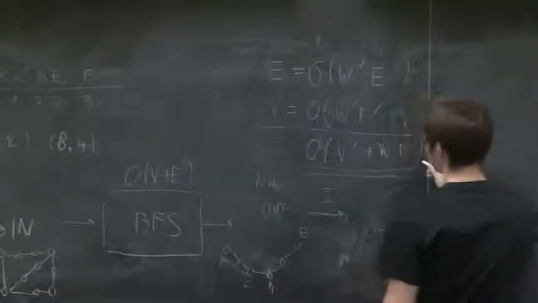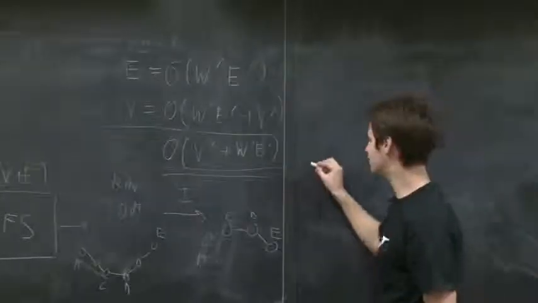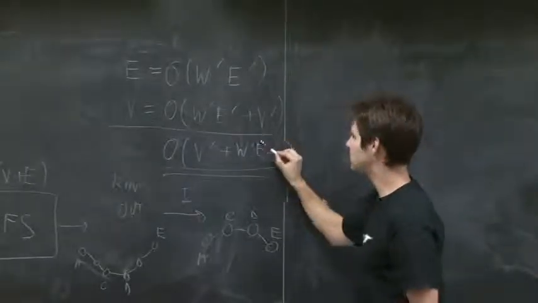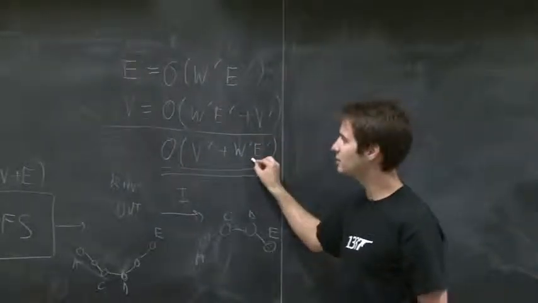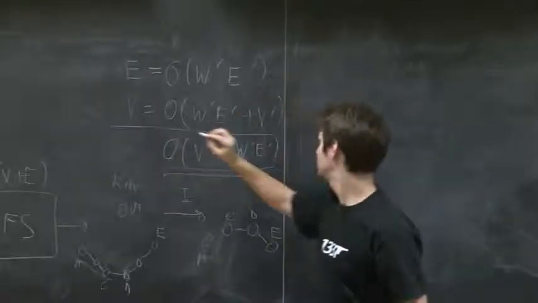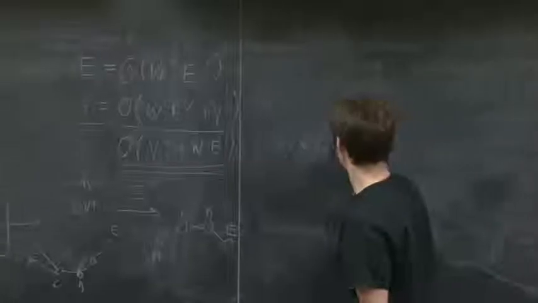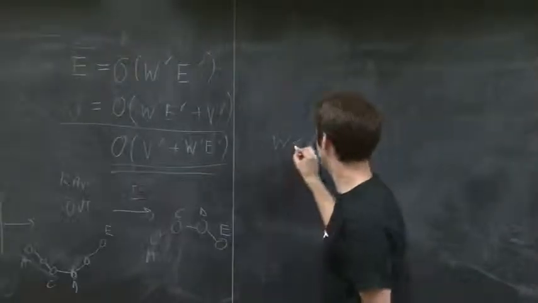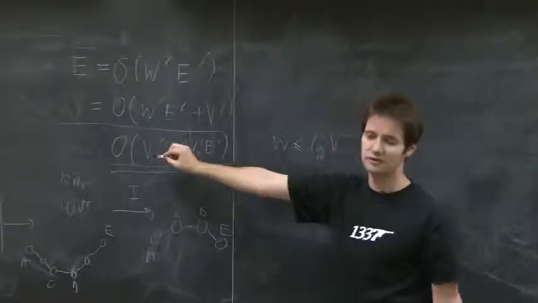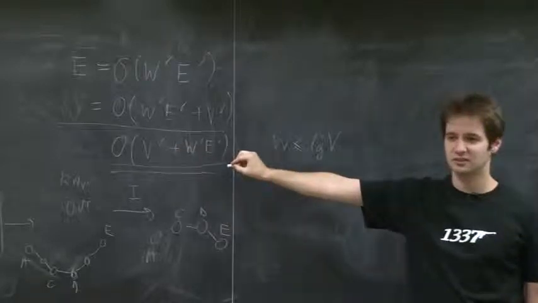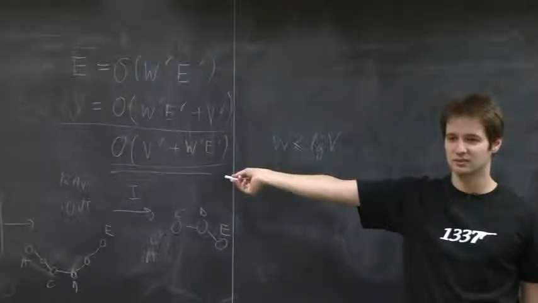V is smaller than E in most sane cases. So let's say that this is actually W prime E prime. If you compare this with this, you'll see that if W is smaller than or equal to log V, then this algorithm is not worse than Dijkstra. It's on par with Dijkstra.